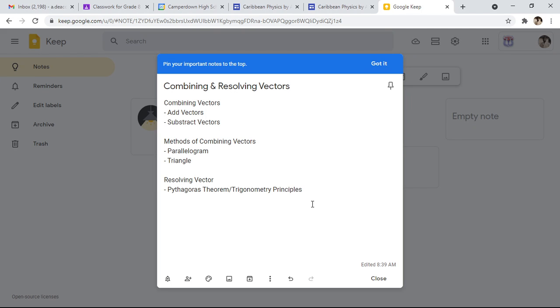So the resultant, that would be the big vector that we got, right? Pythagoras said the resultant squared equals A squared.